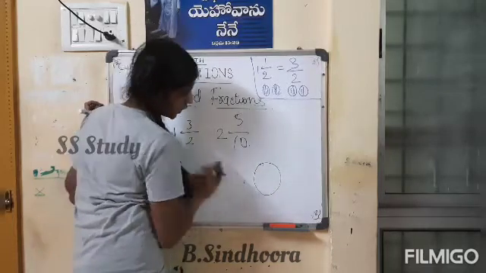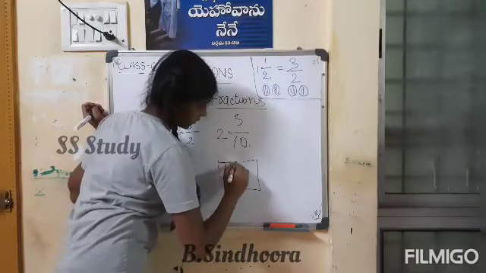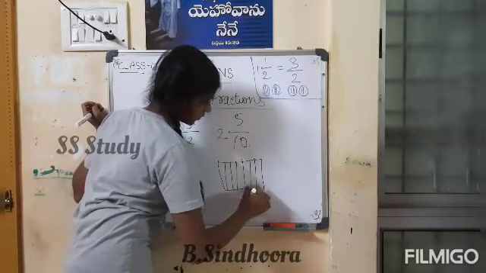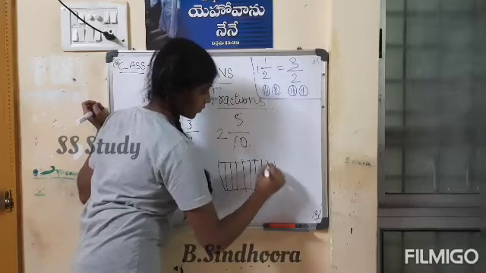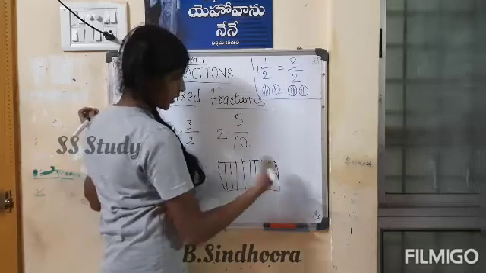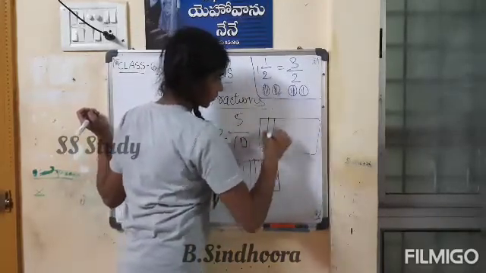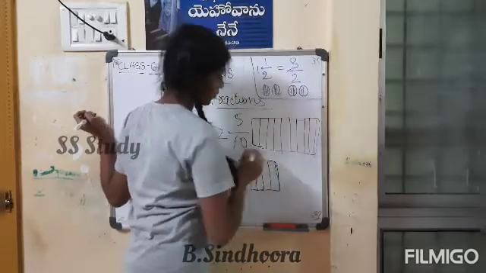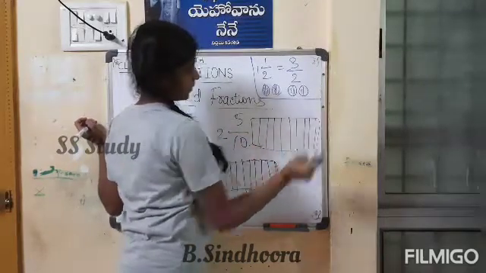Can't draw 10, right? In a circle, it's hard. So let's take another diagram. Okay, 1, 2, 3, another one. 1, 2, 3, 4, 5, 6, 7, 8, 9, 10.